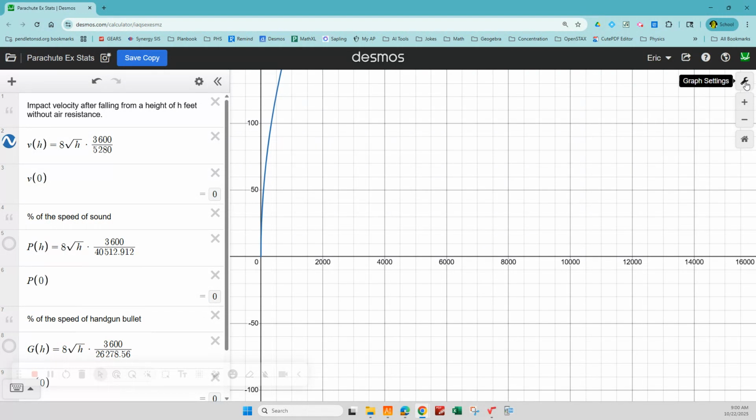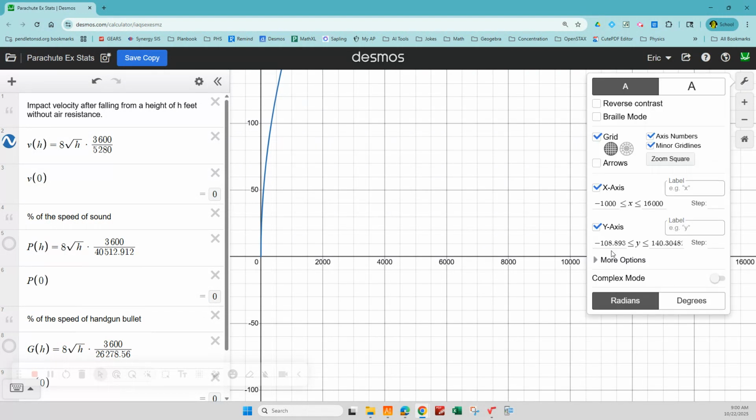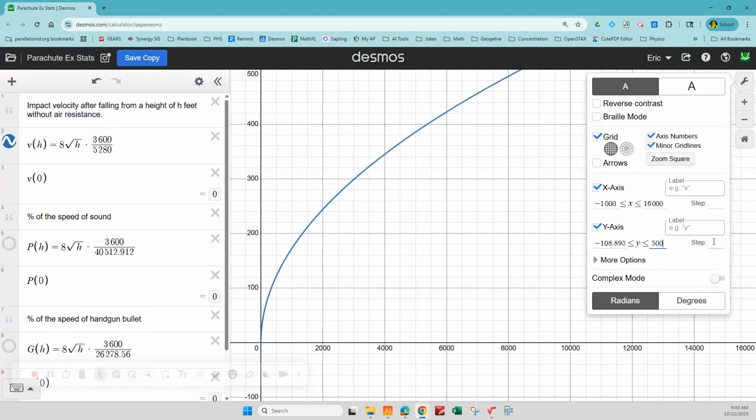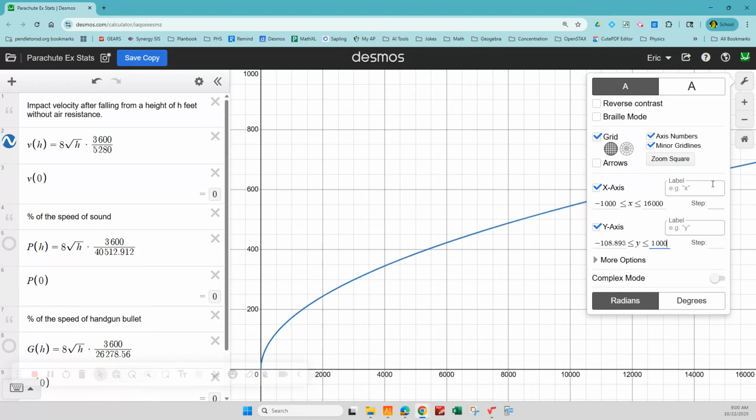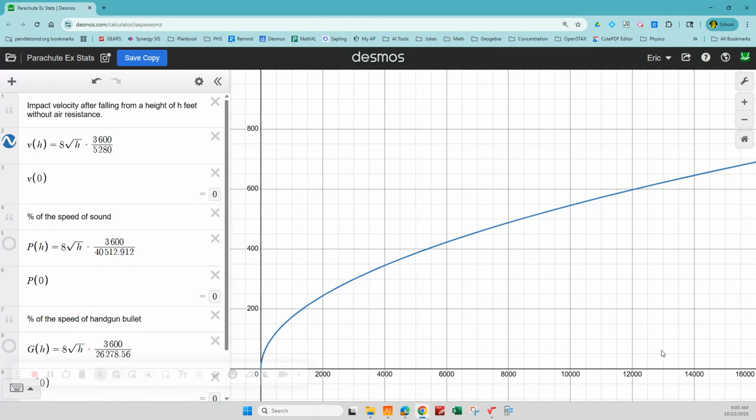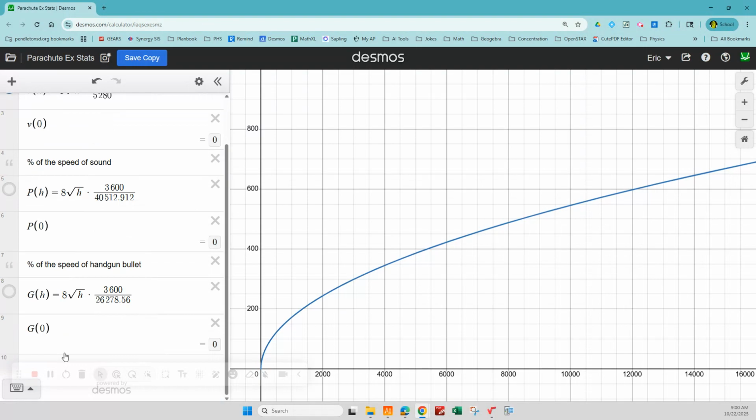I've got to change y a little bit here. So negative 100, maybe up to like 500. Ooh, it's not even close, huh? Okay. Well, if we started at 15,000 feet, let's graph that line.